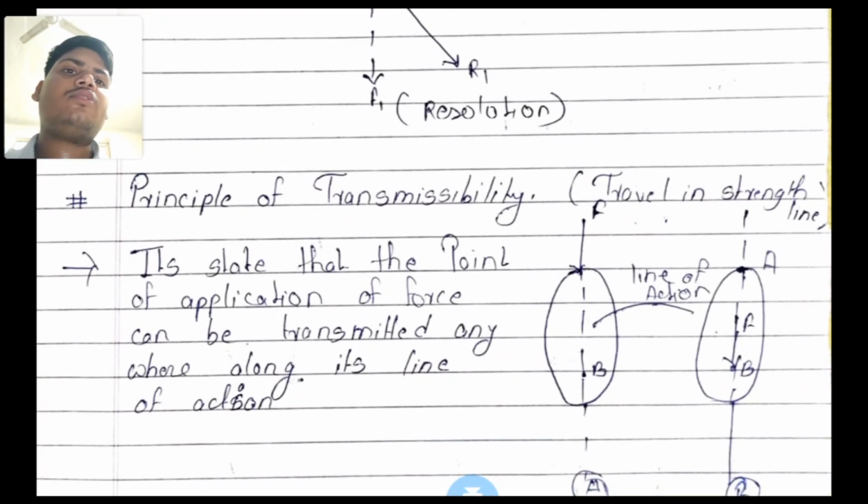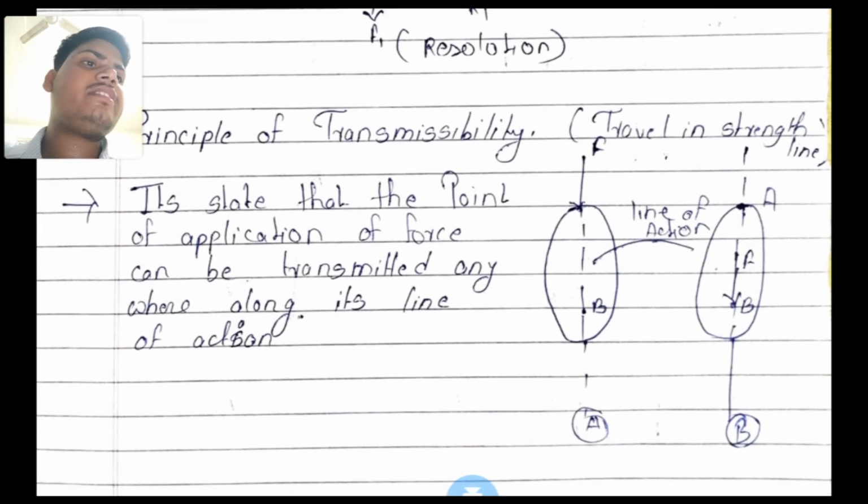Now we discuss the principle of transmissibility. It travels in a straight line in a simple way. It states that the point of application of a force can be transmitted anywhere along its line of action. Here the diagram shows the principle of transmissibility.